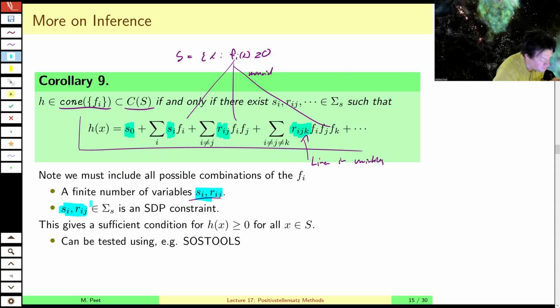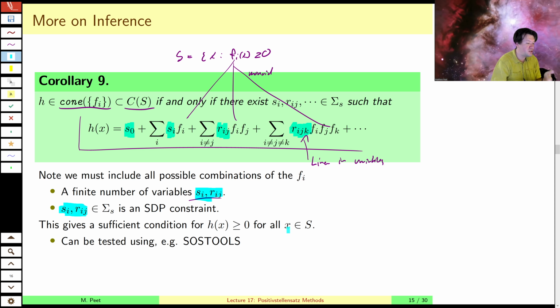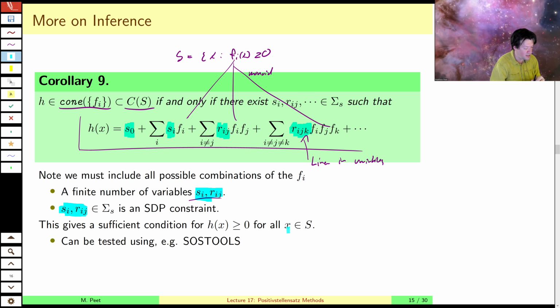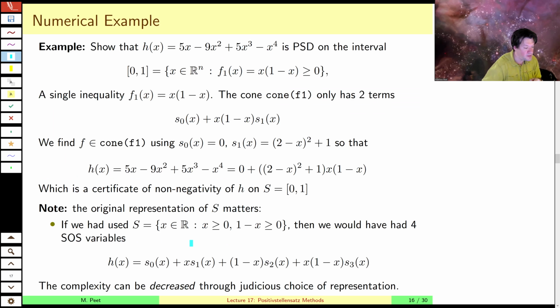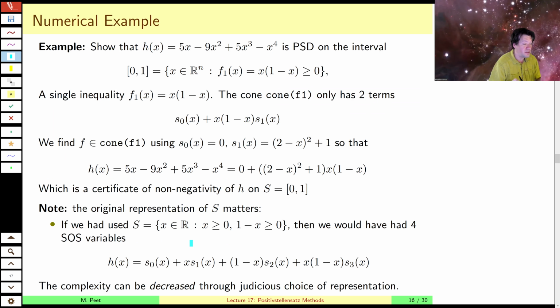So this gives us a sufficient condition for positivity of a function on a set in terms of whether that function is itself a valid representation of the set. And it can be tested using SOS tools. Right. So as the last slide in this part A, I'll just give an illustration of this.